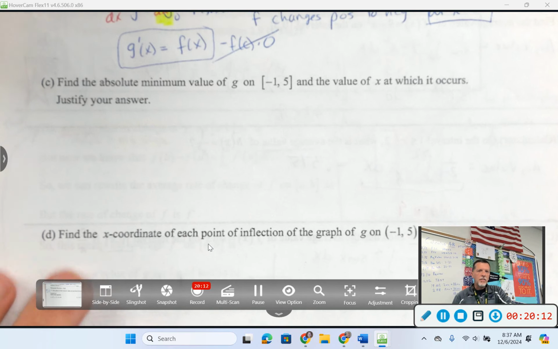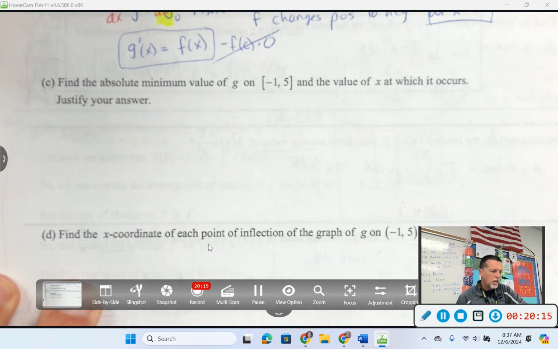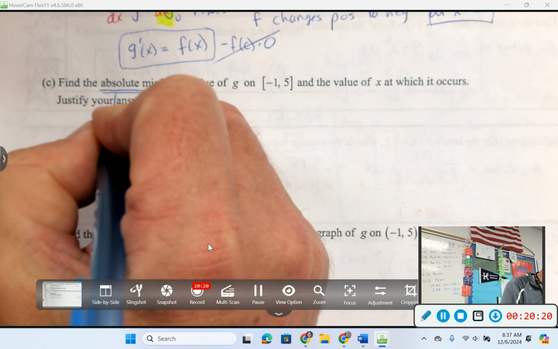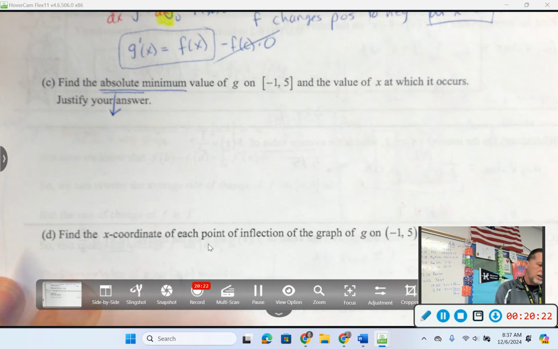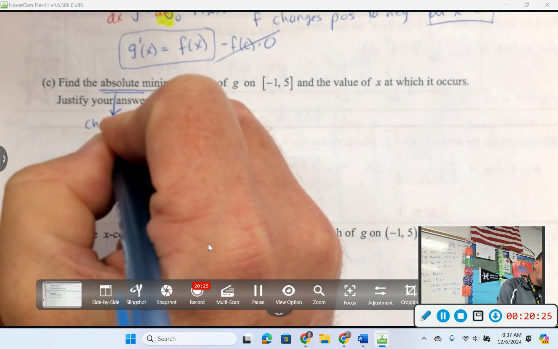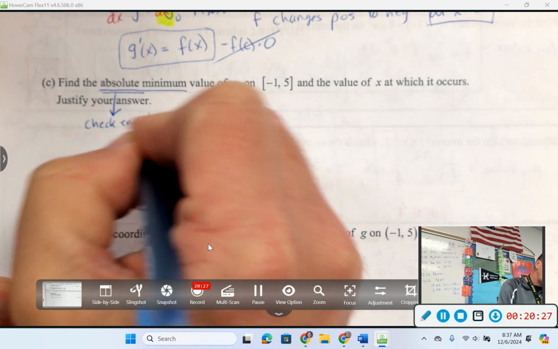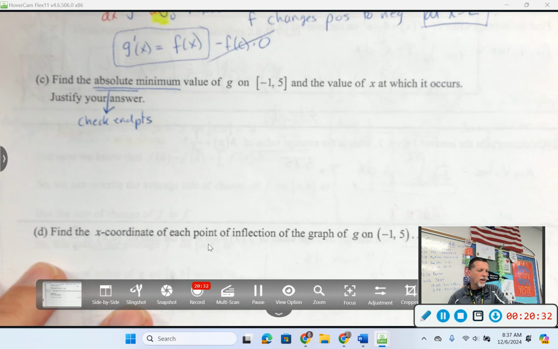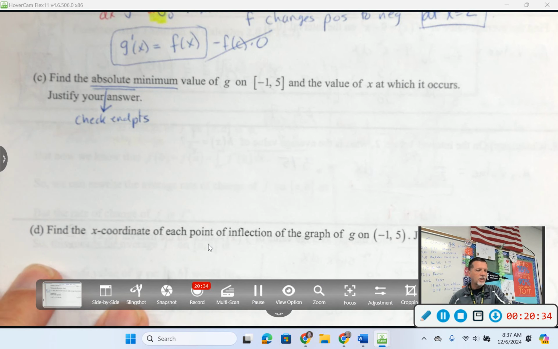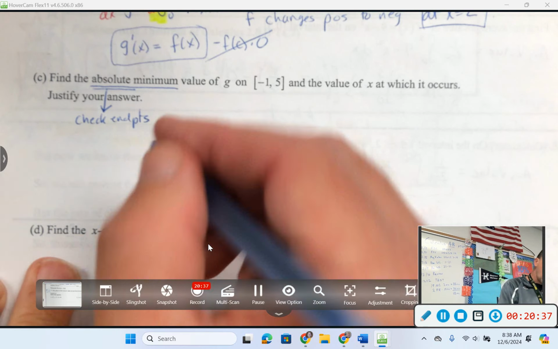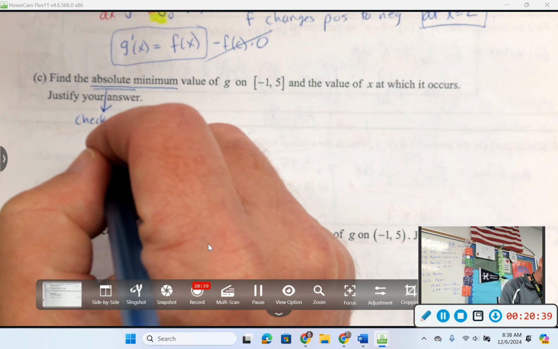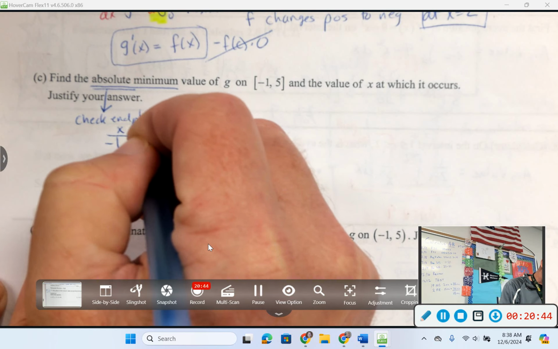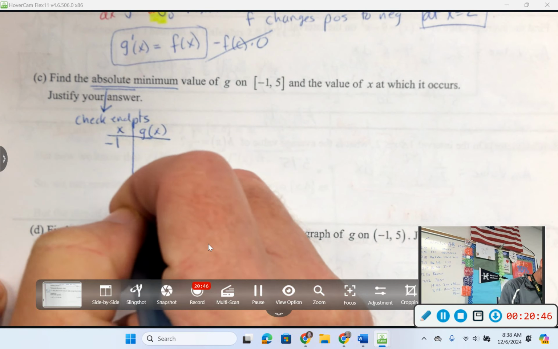All right, part C, find the absolute minimum value of g. When you see the word absolute, that's supposed to trigger something in your brain to check the endpoints. So find the absolute minimum on -1 to 5 and the value at which it occurs. Justify your answer. Okay, well, a table will justify my answer, so I need to check -1 and 5.